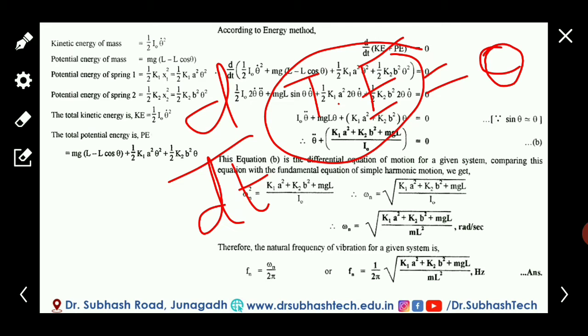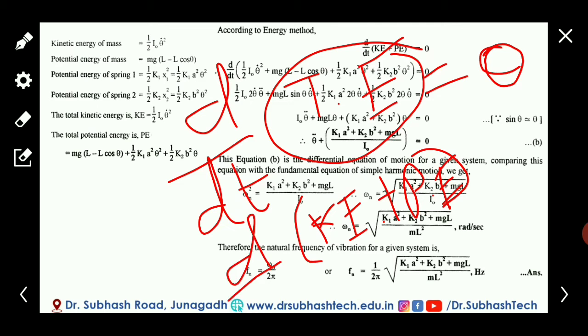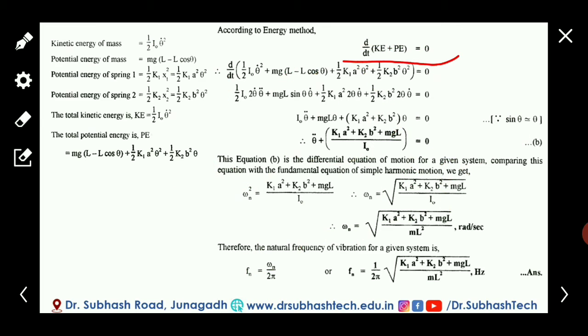And here the total energy for a vibration is kinetic energy plus potential energy only. Now take all the energies in brackets and differentiate all the elements of this equation.